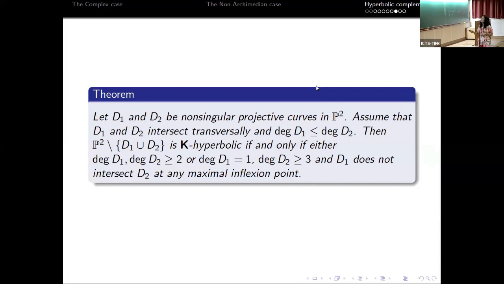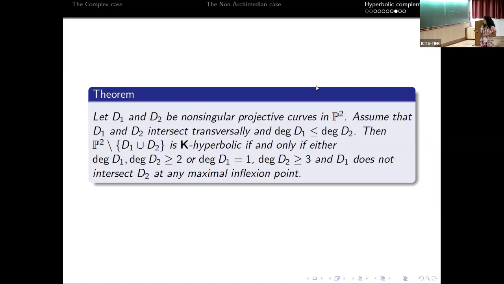And also if they intersect not in any maximum flexion point. This is also a general condition. That means very few hypersurfaces fail to satisfy this, so this theorem holds for very large families of hypersurfaces.